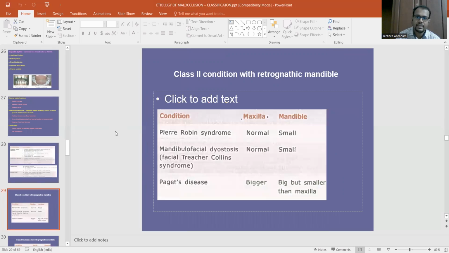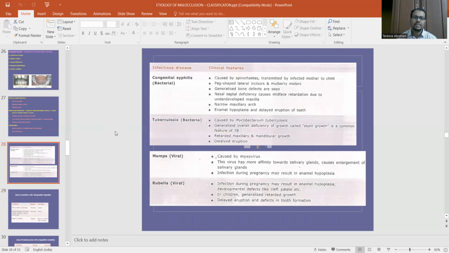Coming to the various infectious diseases, as I told before, congenital syphilis. Tuberculosis also has effects on the dentition. For example, tuberculosis is infected by the bacteria Mycobacterium tuberculosis. There is a presence of stunted growth and retarded growth of the maxilla and mandible, and delayed eruption of the teeth.